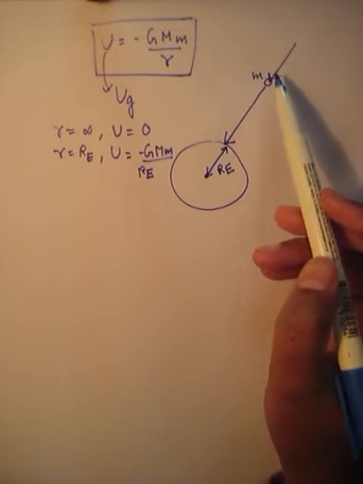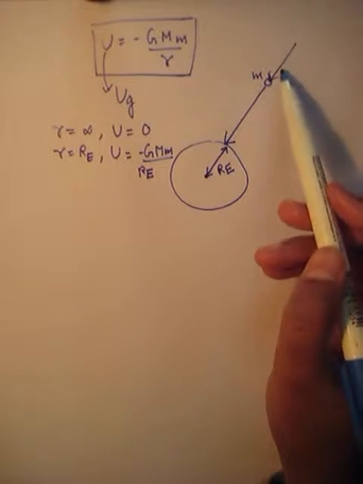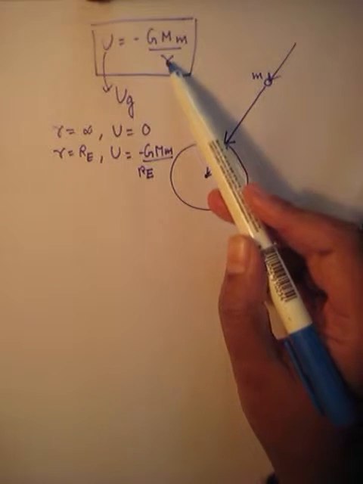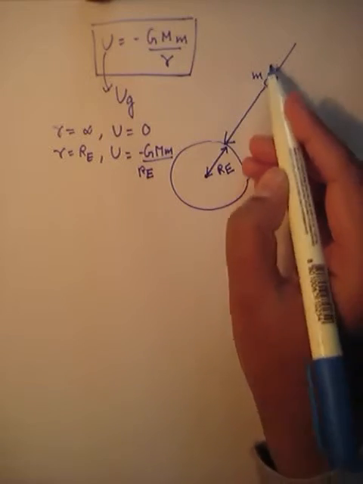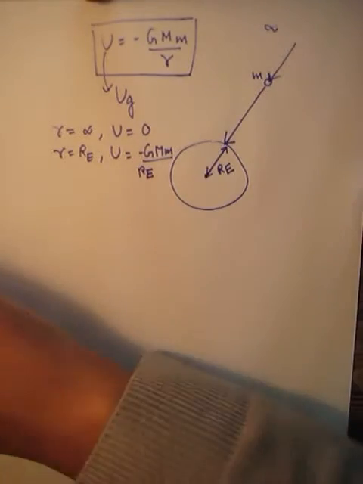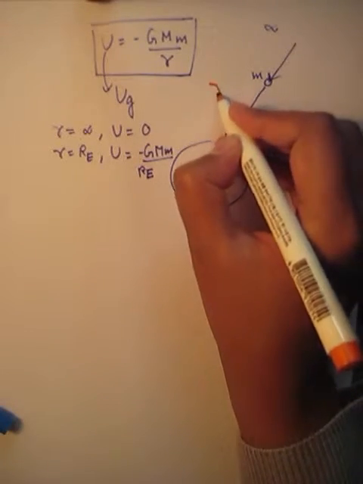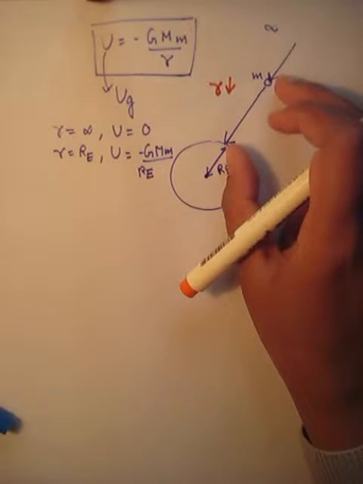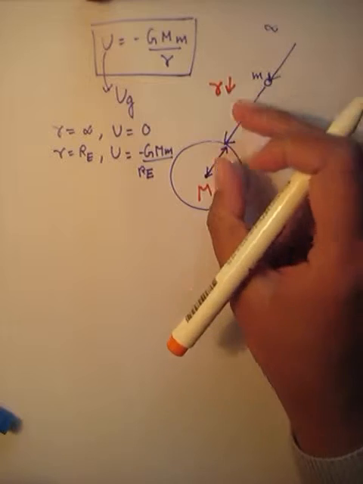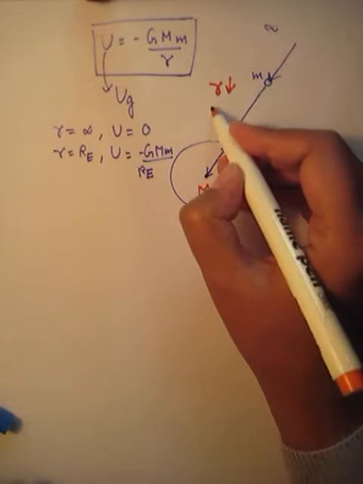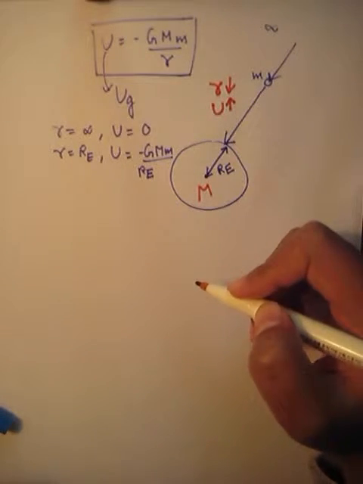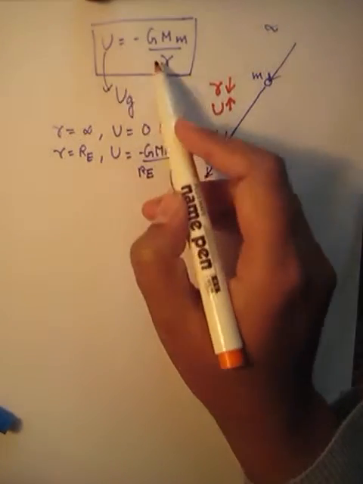So when we are moving m from an infinite distance towards the Earth, R will decrease because the distance between the two objects, small m and capital M, is decreasing. And when R decreases, potential energy will decrease as well, because they are inversely proportional to each other.